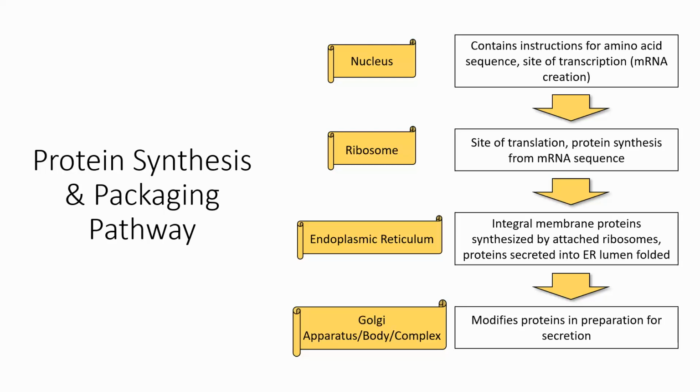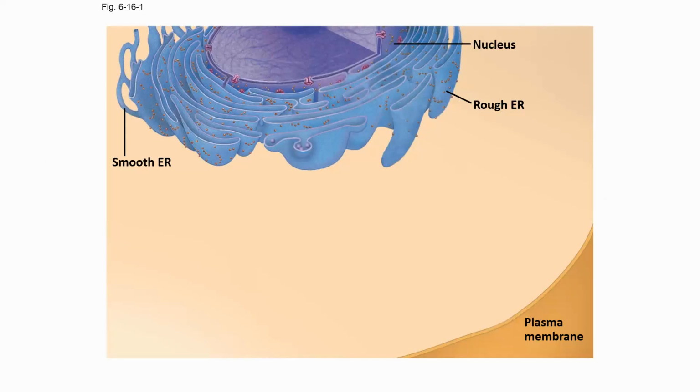A lot of ribosomes are attached to the ER, and ribosomes attached to the ER will produce proteins that will either get released into the ER to be further modified, or that will become part of the membrane itself. So membrane proteins are produced in the ER, and then these are usually exported out to the Golgi, which will then modify them in preparation to release them from the cell.